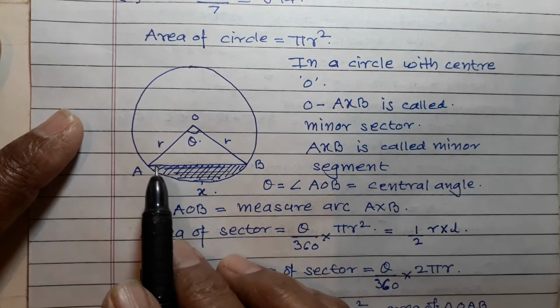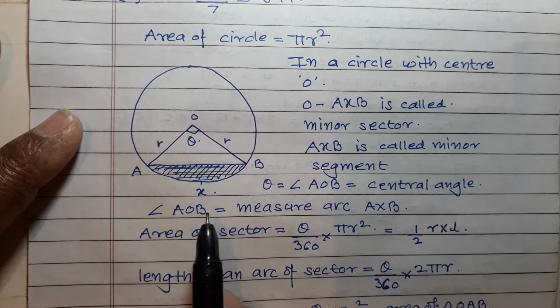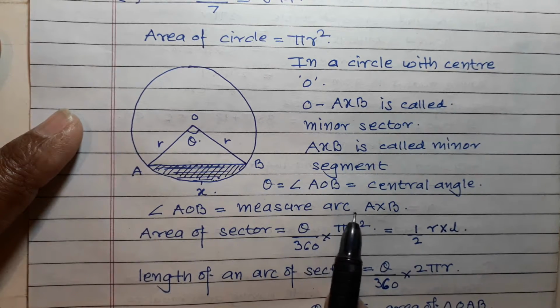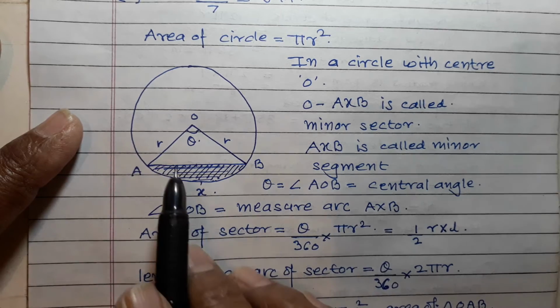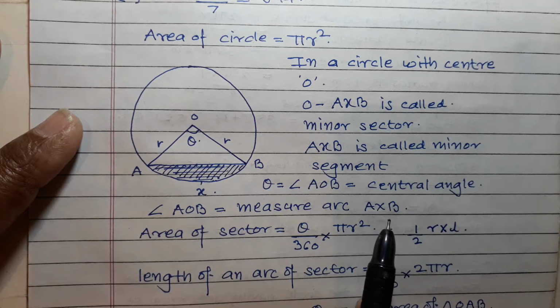Angle AOB, that means this angle, that is theta, is equal to the measure of arc AXB.